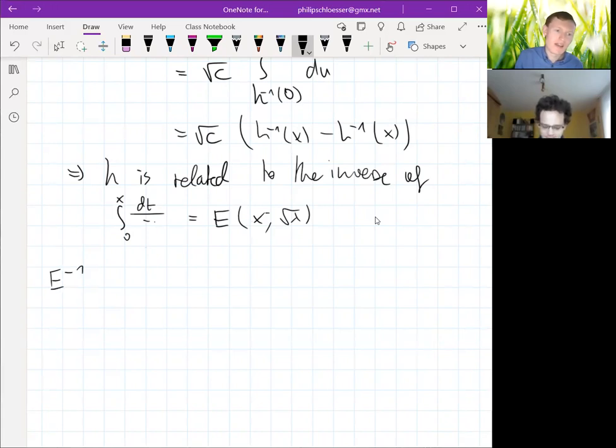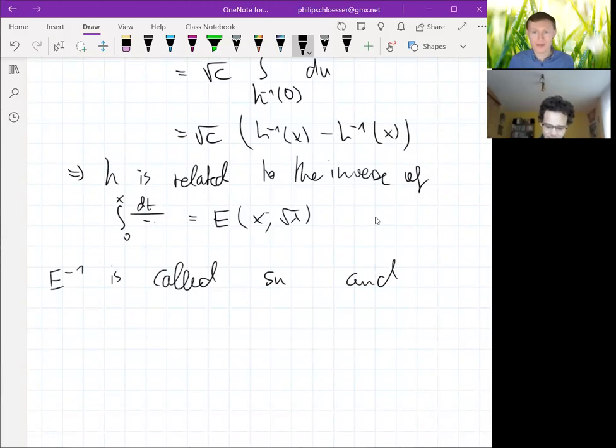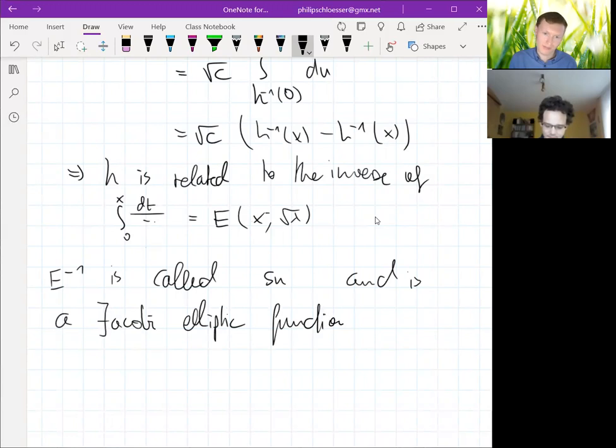So E inverse is called Sn. And it is an example of a Jacobi elliptic function. So when you try to approach the topic of elliptic functions from a physics perspective, you usually only care about the Jacobi ones because they are related to the ones we have looked at in a nice way.